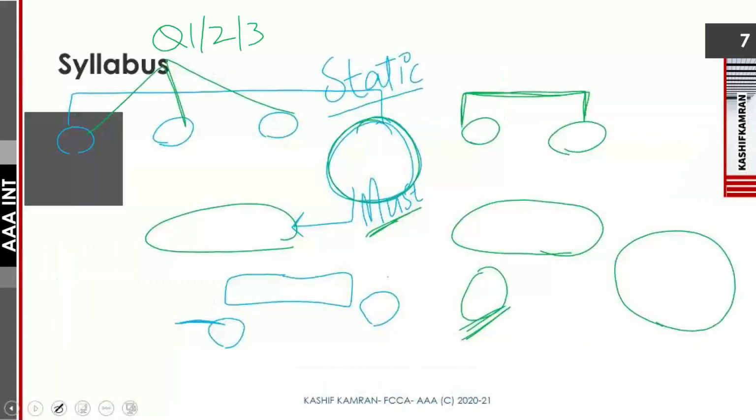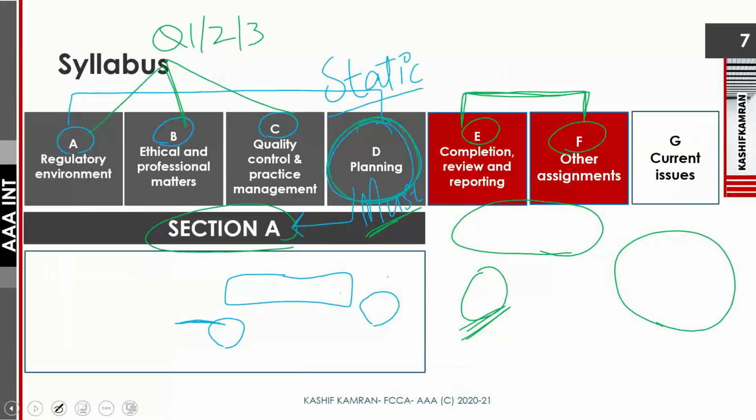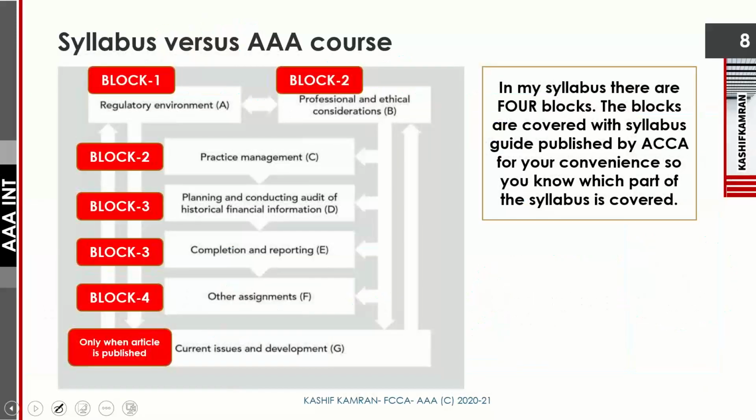Now, just towards the last thing, my course for AAA is divided into 4 blocks. For the syllabus area A, which is the regulatory environment, I have referred to my syllabus as block 1.